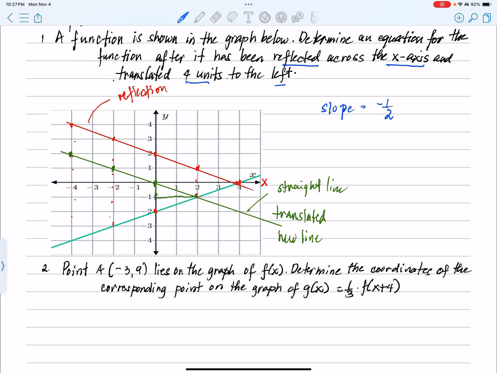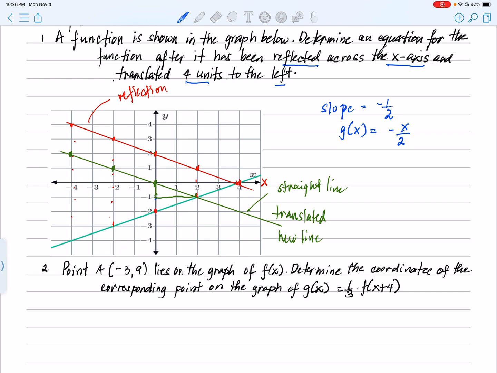So we can have the equation of the function from the linear function. Remember the parent function? The parent function of a linear function, we can have g of x equals x times negative 1/2. That would be negative x over 2.